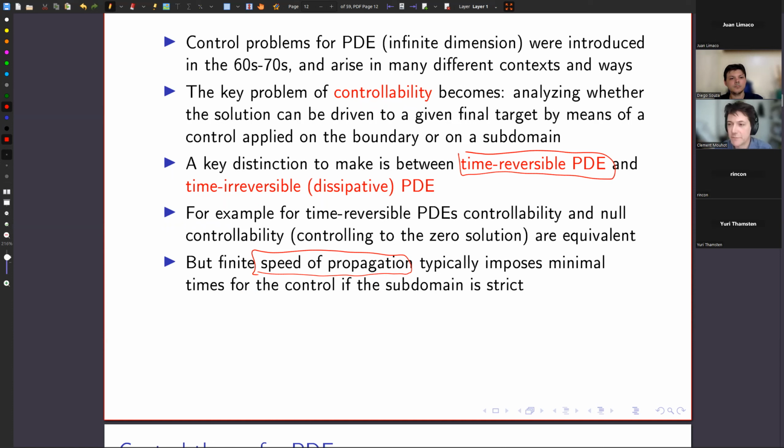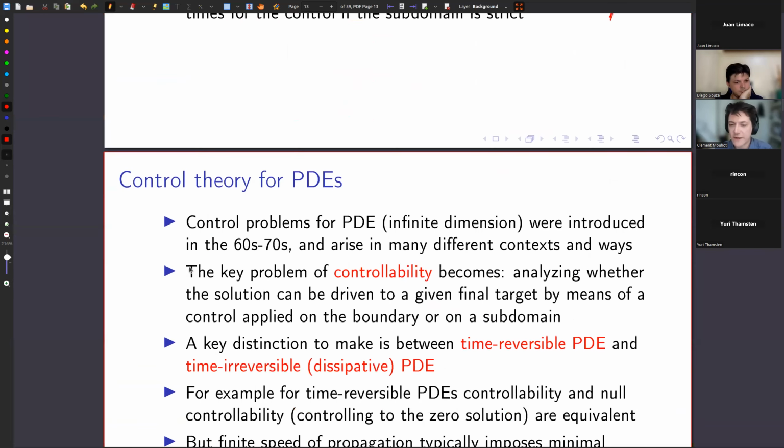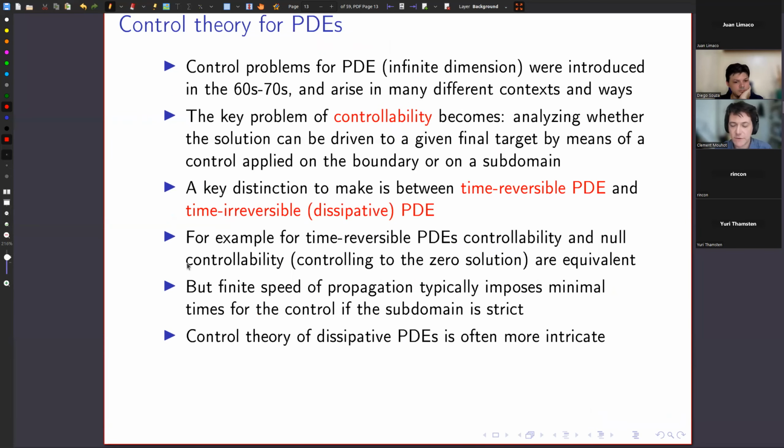They are speeds of propagation. And that complicates the matter for control. You realize that if your subdomain is in a place, you need some time for the effect of the subdomain where your control acts to reach the rest of the domain. All of that is very intuitive. Nevertheless, it creates a lot of beautiful mathematics, but the starting point is quite natural. And as I said, the control theory of dissipative PDEs is more intricate usually.